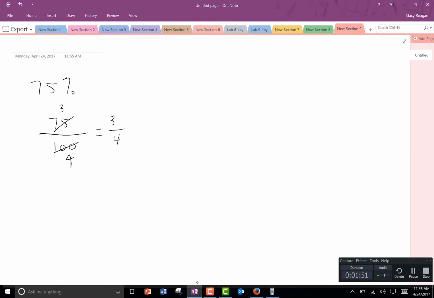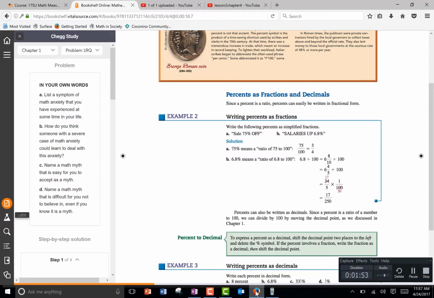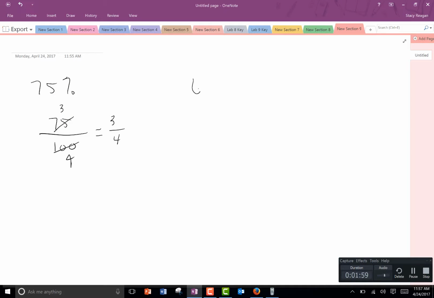When you look at the second part of that example, though, part B says salaries up 6.8%. So if I wanted to write that as a fraction, I would have my 6.8 over 100. And I cannot mix decimals and fractions, so I have to make sure this is reduced.